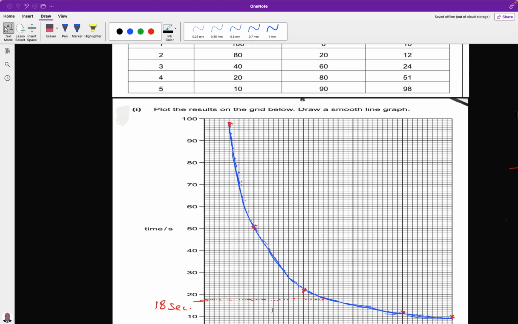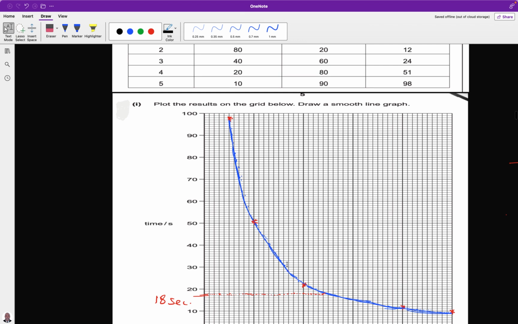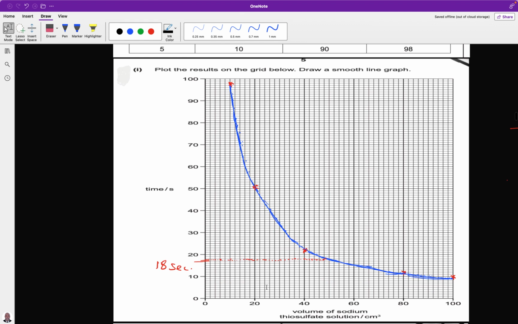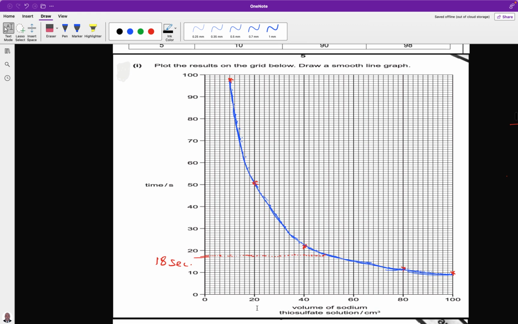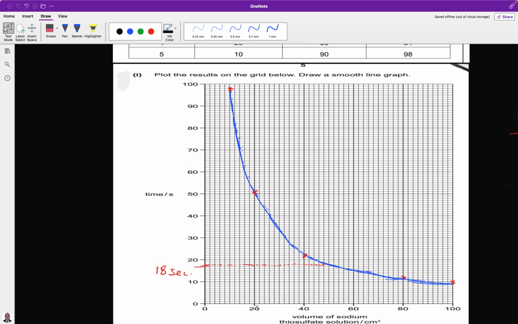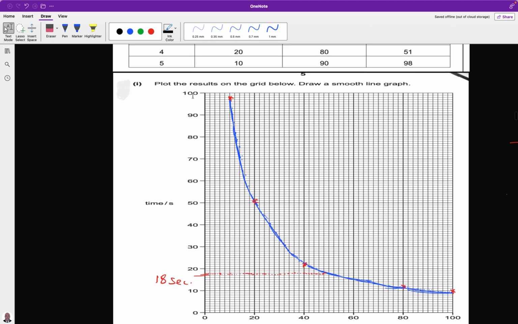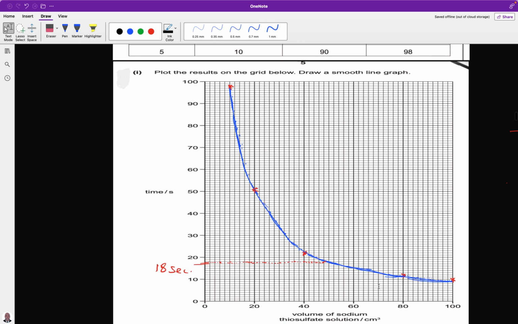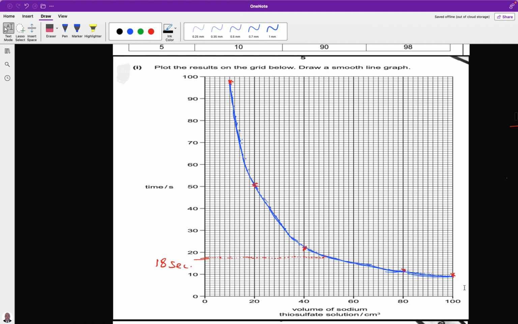We will plot it. This is a smooth line curve. When the volume was 20 cm cube, the time was still at 98. As the volume of thiosulfate is increasing, what happens with the time?